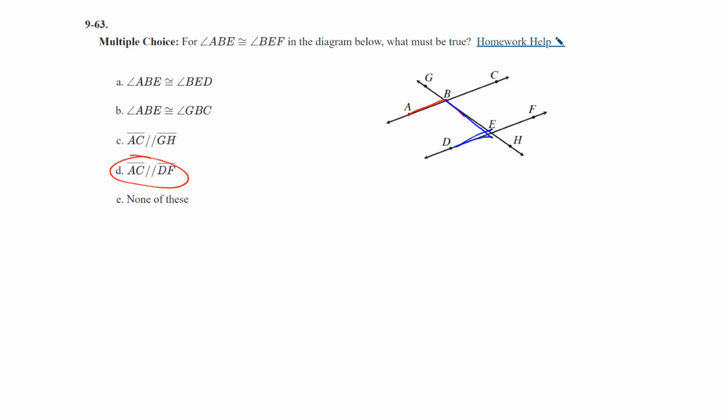They're supplementary, so that one is not true. And then what about angle ABE? So ABE again is congruent to GBC. Yes, those would be congruent because they would represent vertical angles. So it looks like B and D are your two choices.